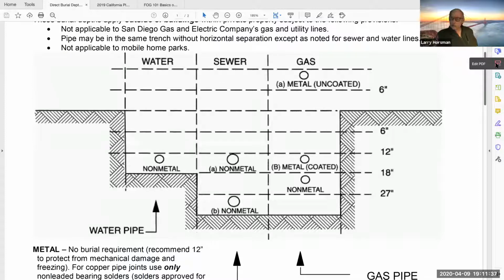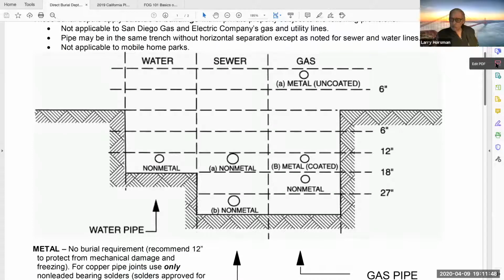But most sewer piping that's plastic in residential is ABS. And the reason we use the ABS is it's cheaper. The answer is always it's cheaper.